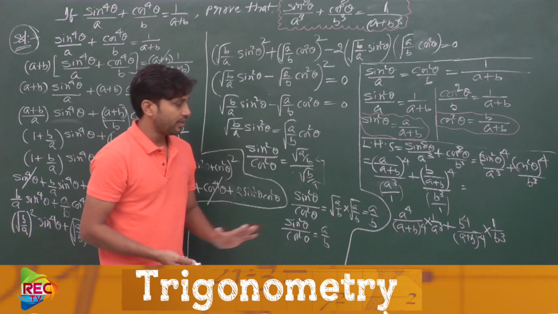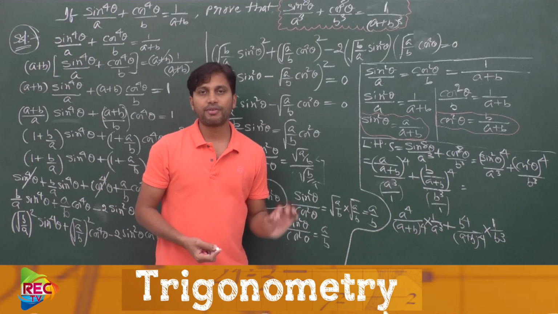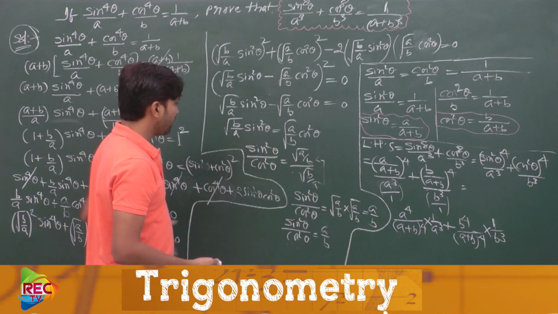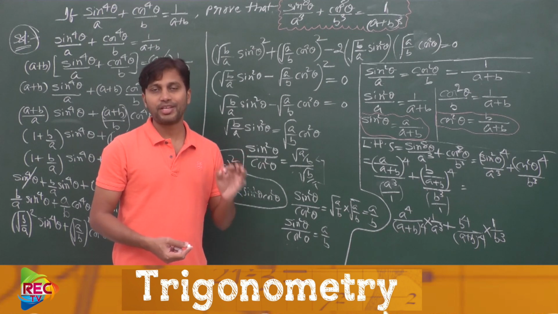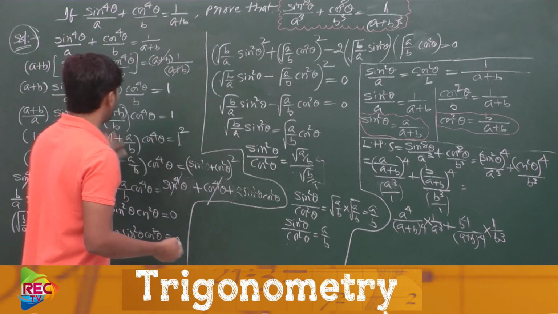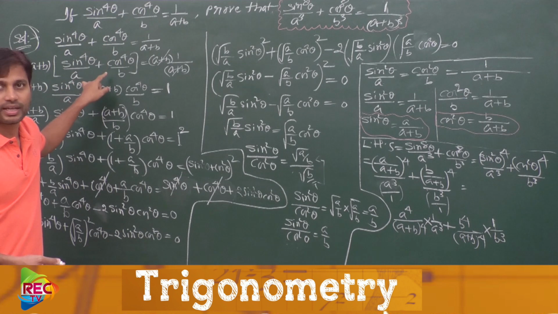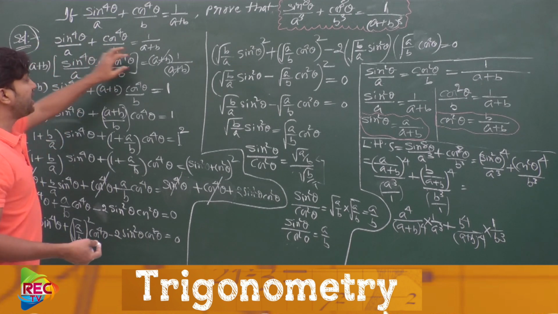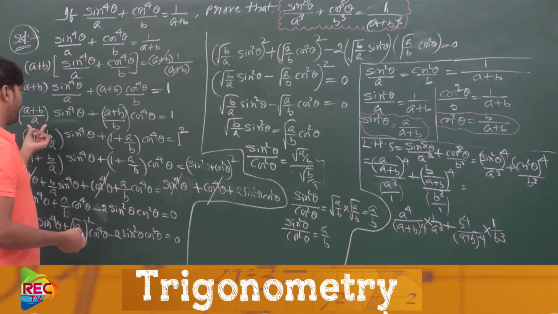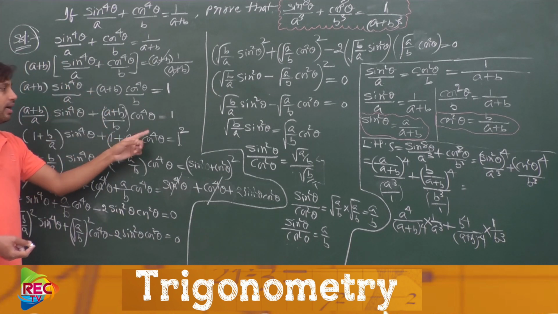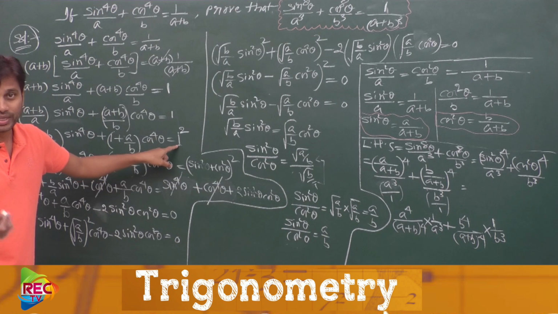Till now I think you understood each and every step of the problem, and to solve the further part I need to rub the board. Before rubbing the board I want to explain the key steps. Simply, for solving this we took the given condition and multiplied both sides with a plus b, and after simplifying the bracket parts, we wrote 1 as 1 square.